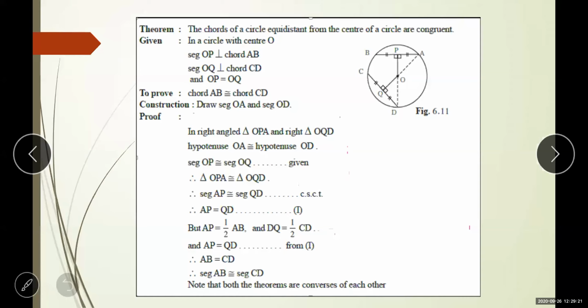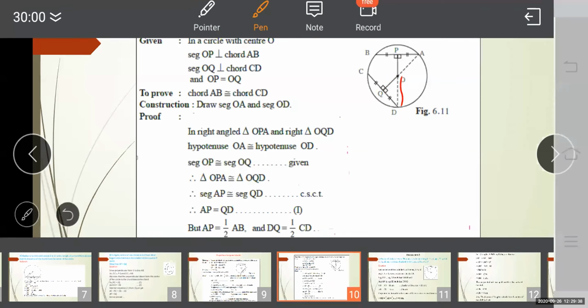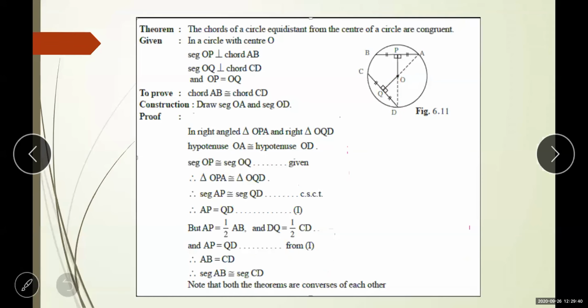Now here we have two triangles. Which two triangles? OPA and the second one is OQD. Now in these two triangles, obviously this is perpendicular, that means they are hypotenuse. So hypotenuse OA is congruent to hypotenuse OD.